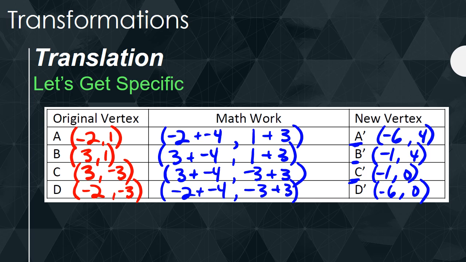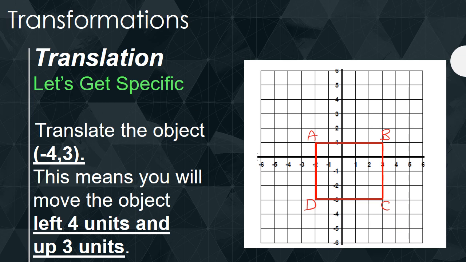So we did some math work. Now after we did this awesome math work, let's go ahead and translate this object. You can see the animation is going to be moving our new rectangle here. I'm going to go ahead and draw the old one in.